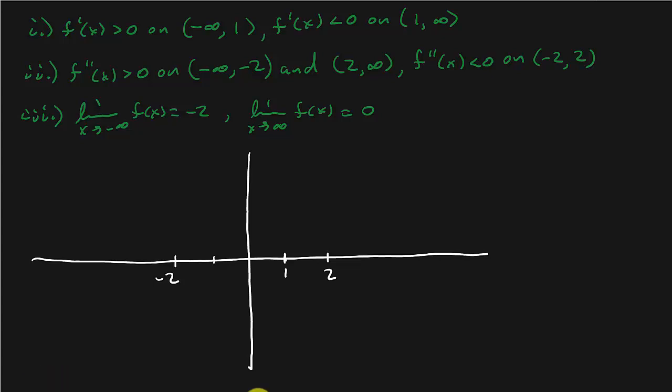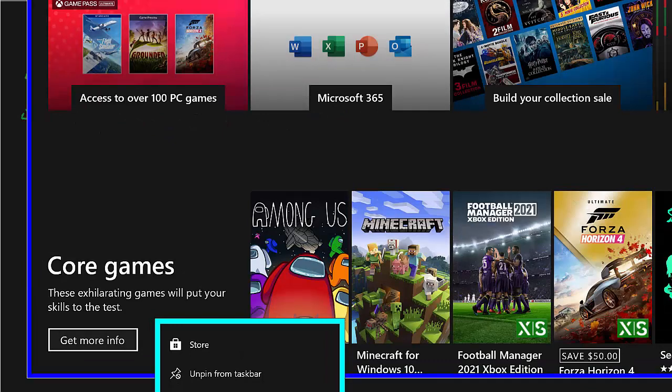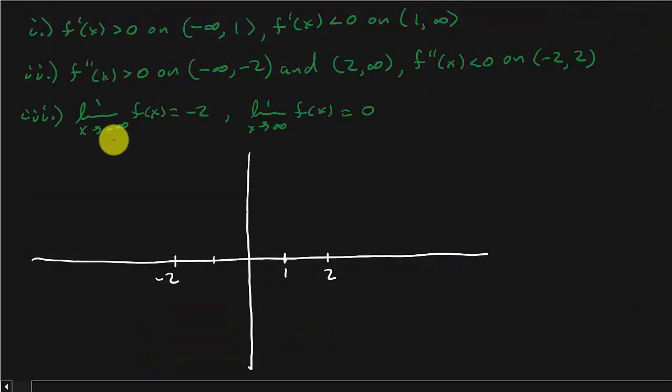Well, notice here that as x goes to -infinity, it goes to -2. So that tells me there's a horizontal asymptote there, right? And I also have a horizontal asymptote, the x-axis, at y equals 0.